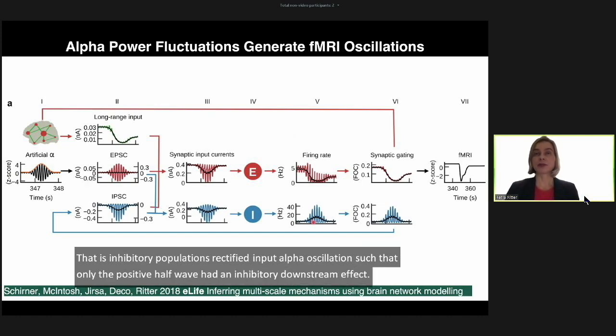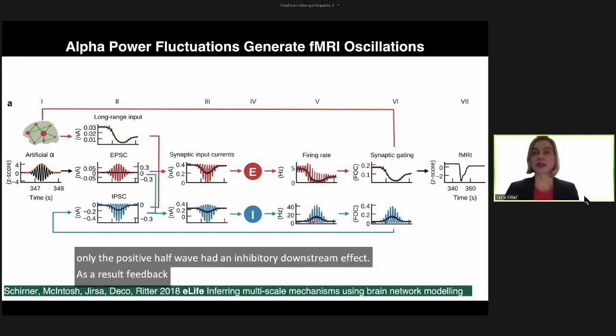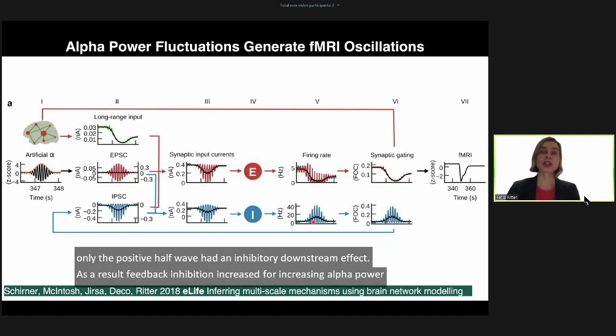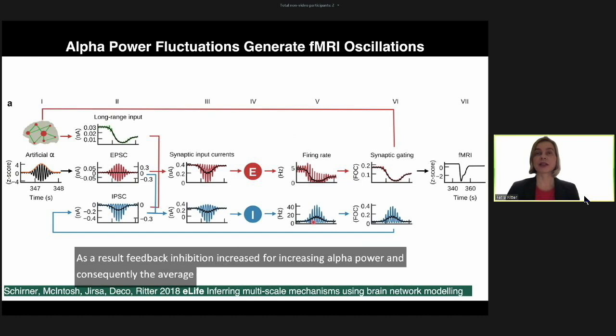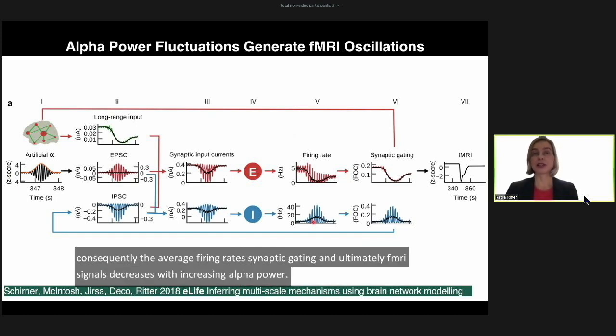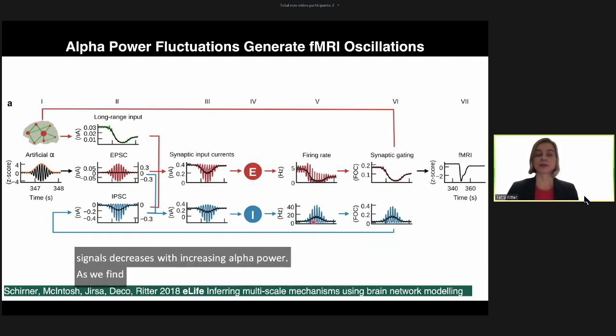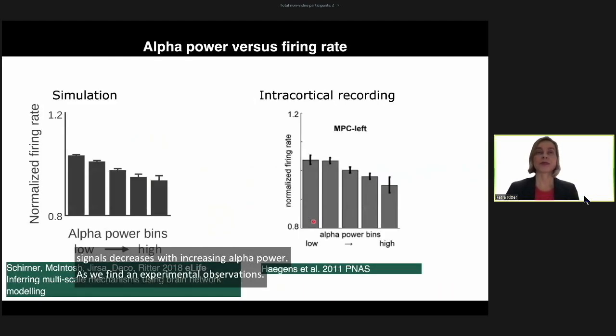As a result, feedback inhibition increased for increasing alpha power, and consequently, the average firing rates, synaptic gating, and ultimately fMRI signals decrease with increasing alpha power, as we find in experimental observations. Also, this behavior corresponds with monkey electrophysiology.